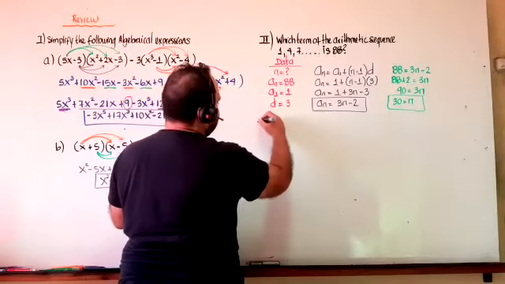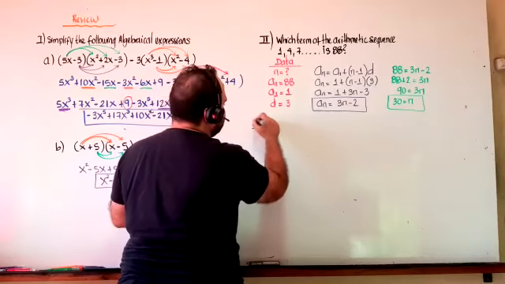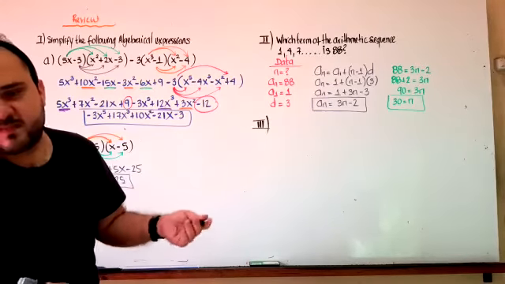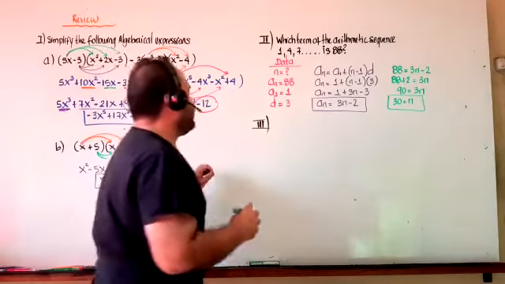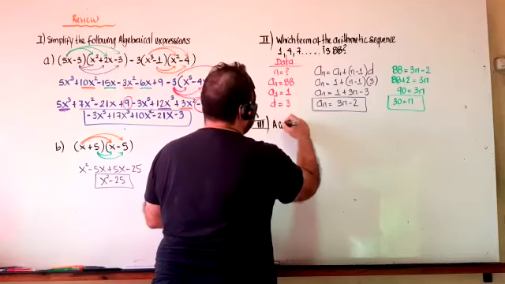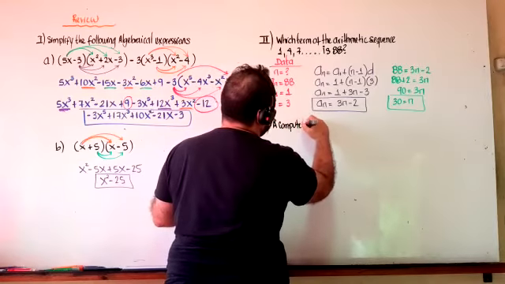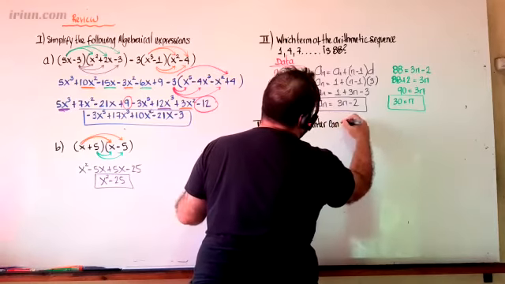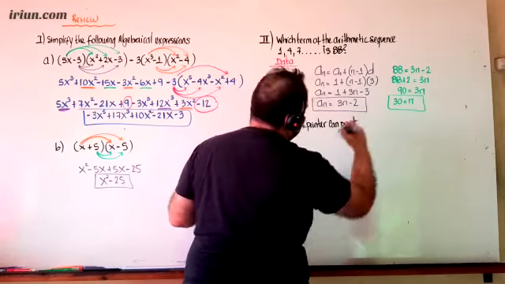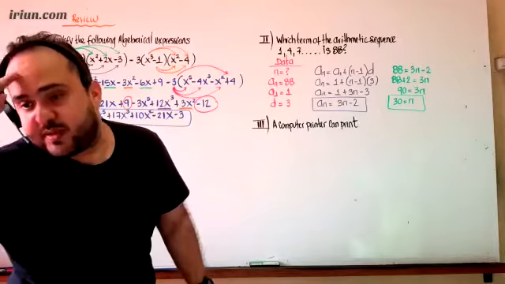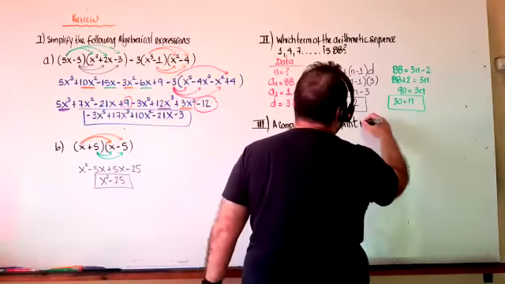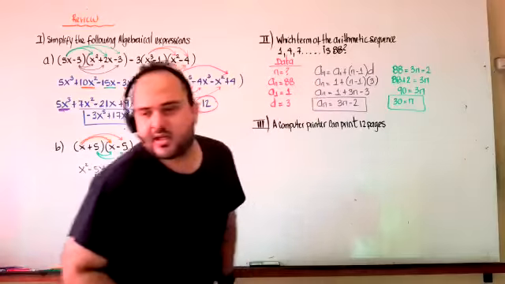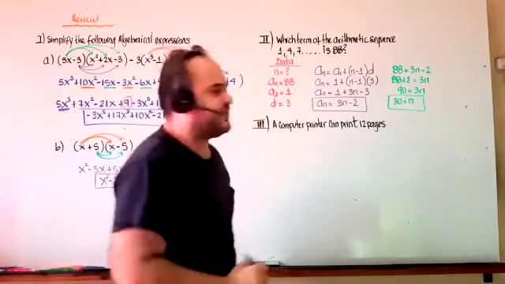For example, in example number 3, taken from the study guide, it says: a computer printer can print 12 pages of text per minute.